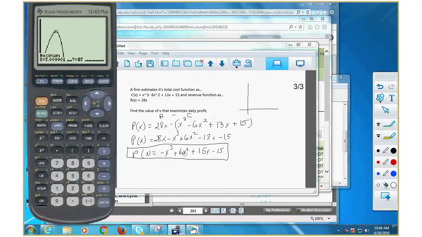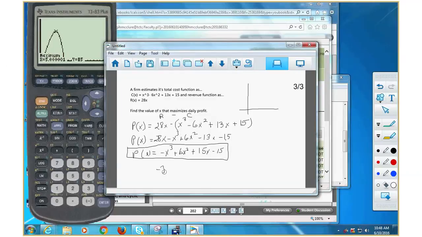Anyway, I can't get up there and do that. So the function is negative 3x squared plus 12x plus 15.